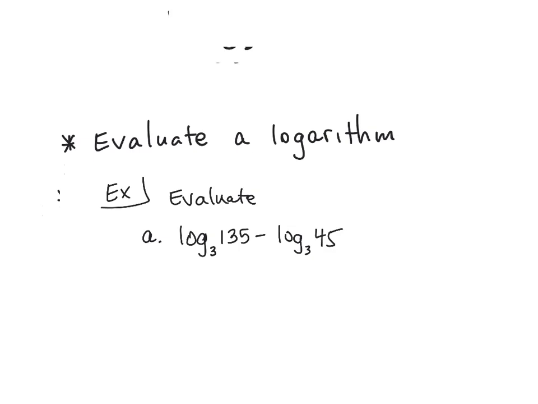if we apply the properties from this lesson, 4.4, I notice that there's a subtraction between two logarithms that have the same base. So we can apply property 2, or law 2, the quotient property, and condense these two logarithms into a single logarithm of base 3.